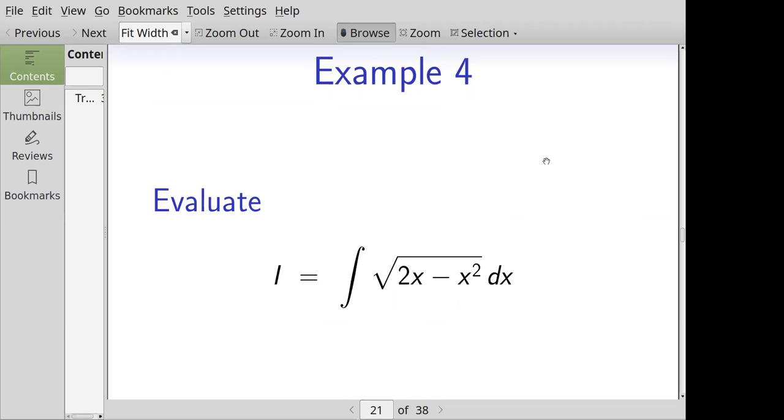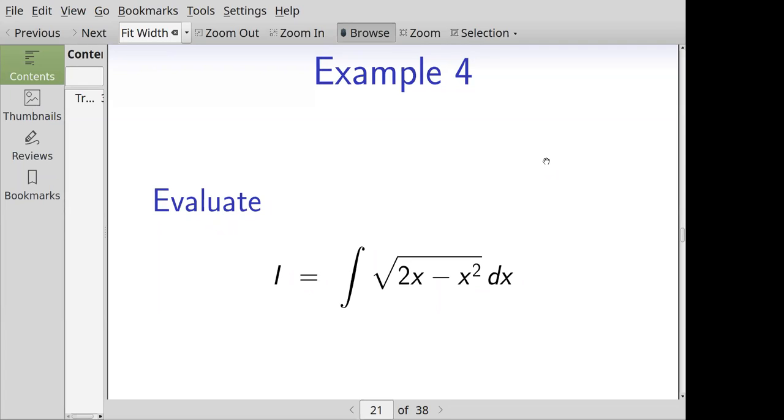And now we go on with the rest of the discussion of trigonometric substitution. Supposing that you've got I equals the integral of the root of twice x minus x squared dx. That doesn't remind me of any sort of trig identity.